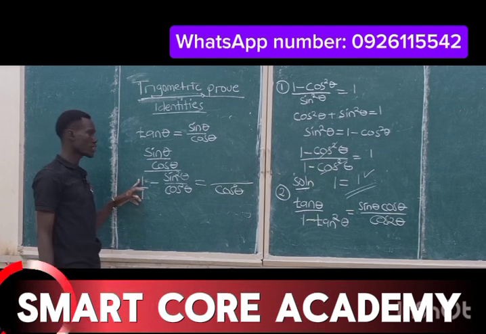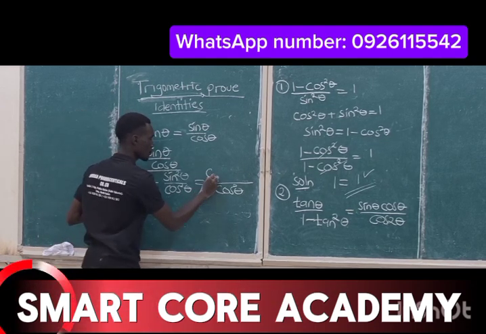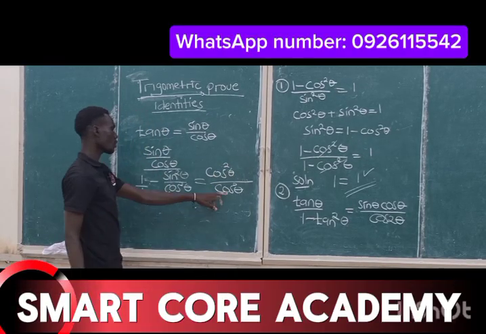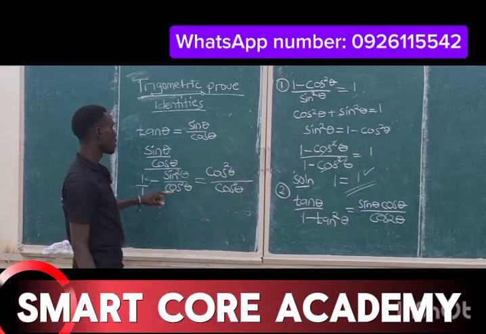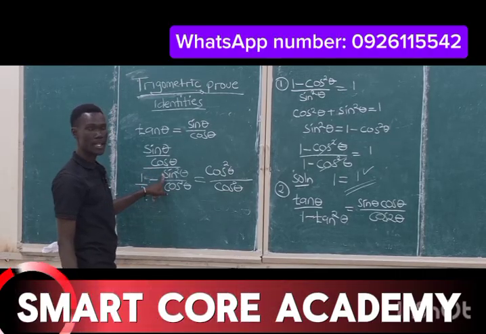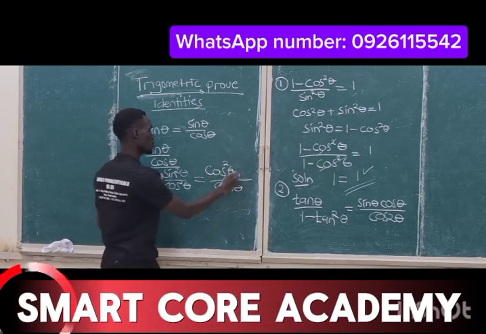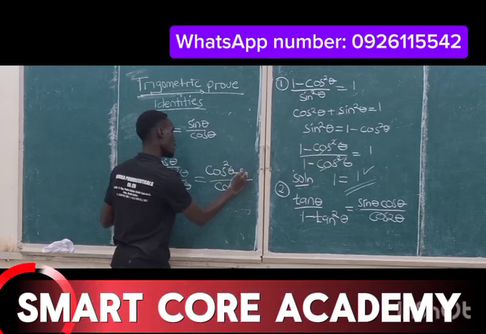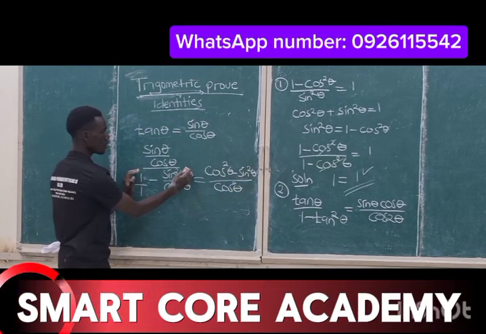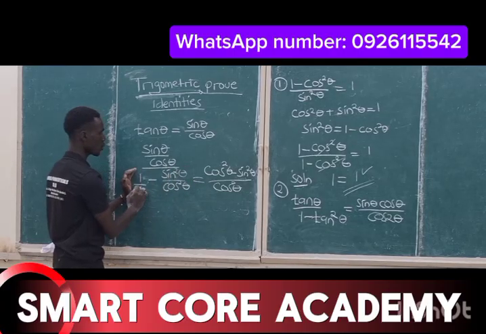Multiplied by 1, it still remains cos square theta. Cos square theta divided by cos square theta, we will be left with 1. 1 multiplied by sine square theta, we are going to be left with minus sine square theta. This is only this part of the equation.